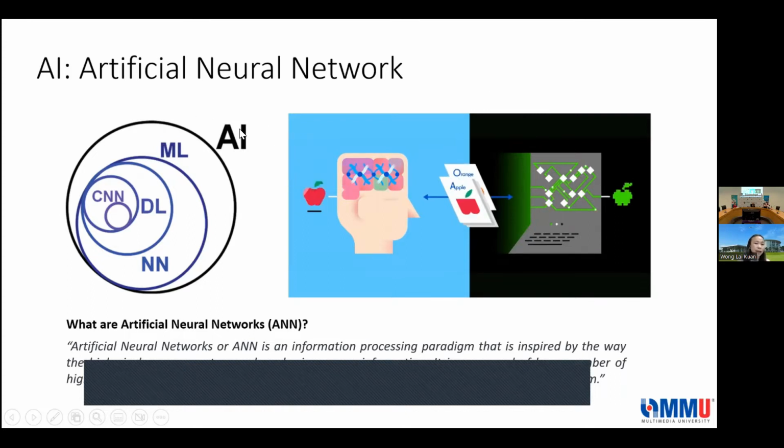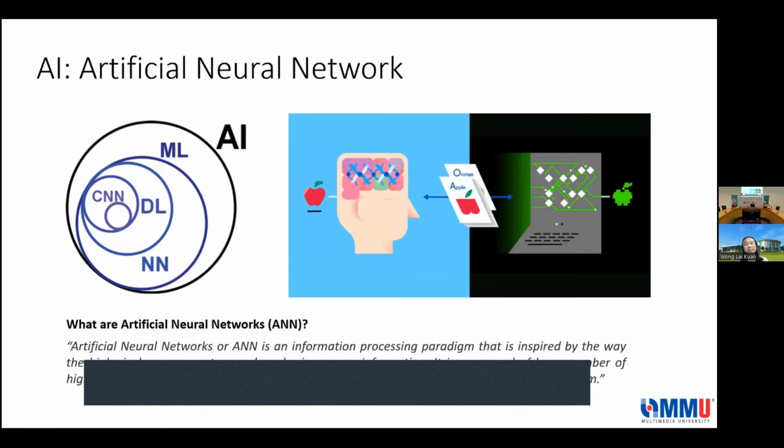Inside AI, we have machine learning, and the artificial neural network, or NN, is one type of machine learning. Deep learning, which is now the very advanced and most effective technology behind image processing, is actually deep learning. And specifically for AI in mammography, a lot of them are using what we call CNN, that is convolutional neural network.